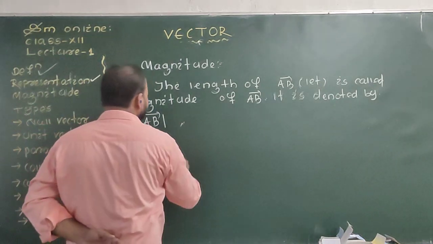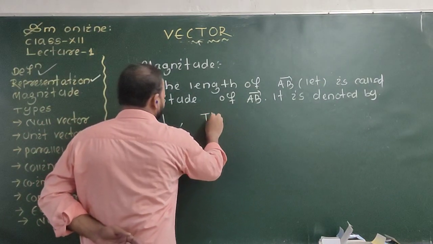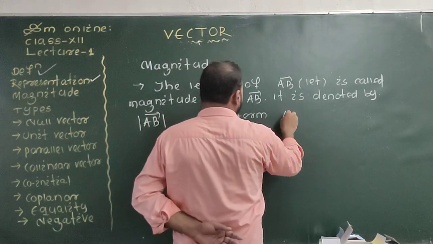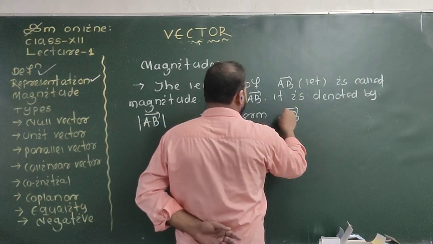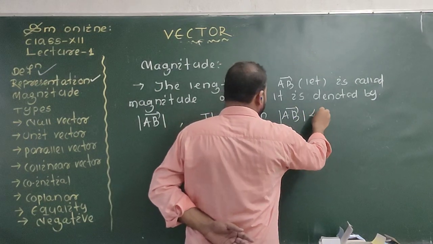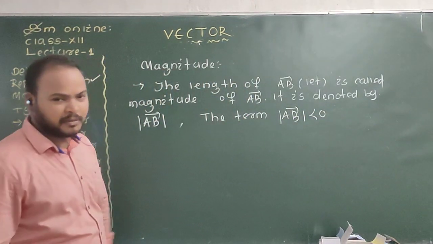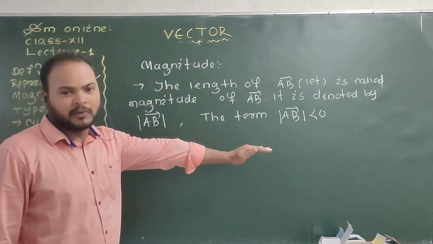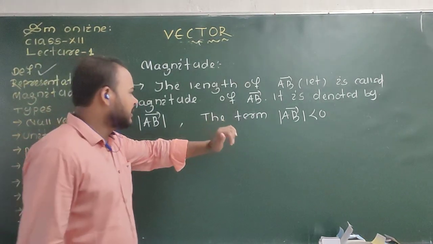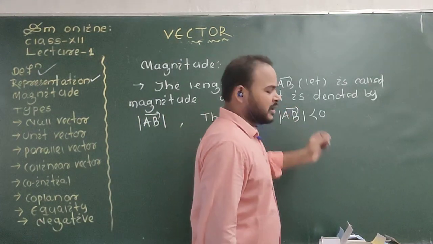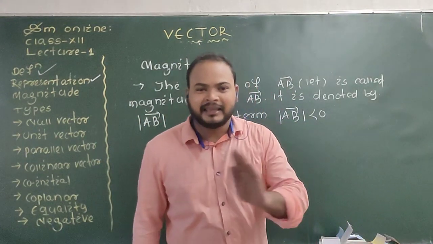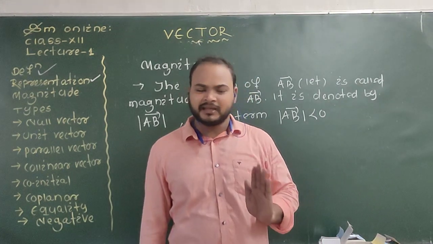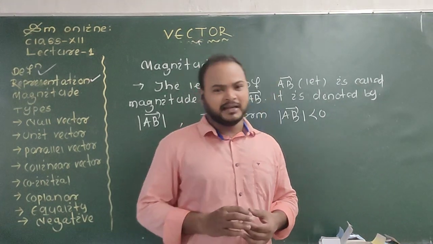And the term AB vector magnitude less than 0 is meaningless. Why is it meaningless? Because any length cannot be negative. Any length or magnitude cannot be negative.